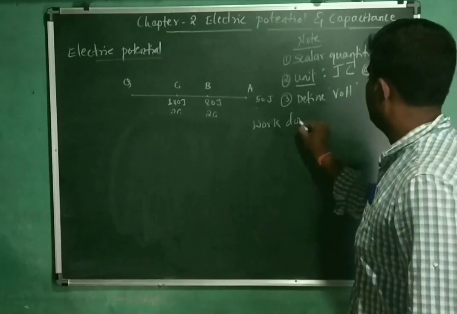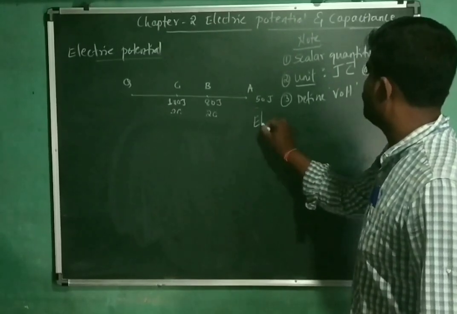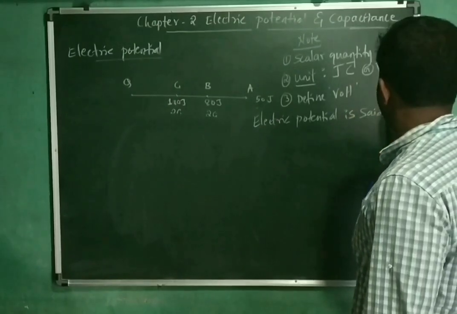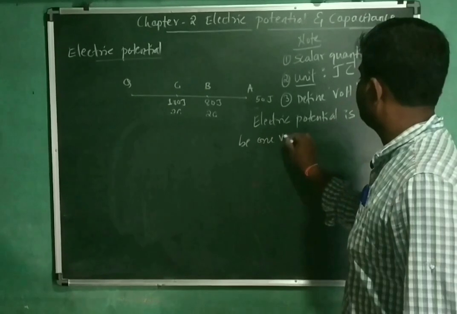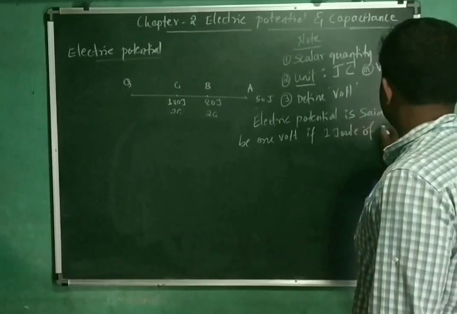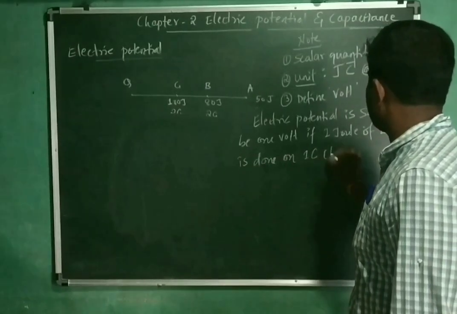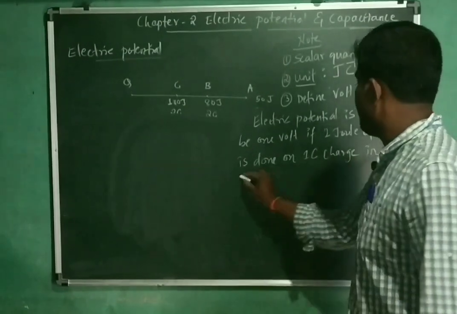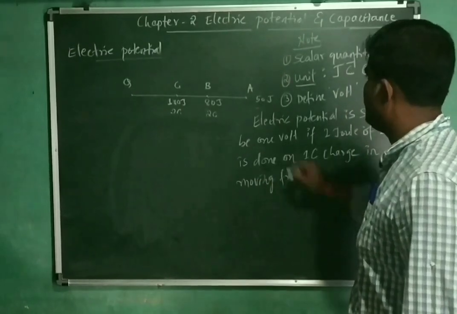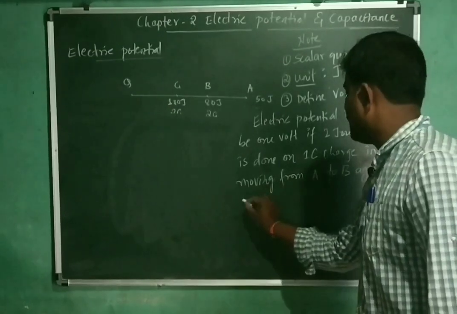Electric potential is said to be 1 volt if 1 joule of work is done on 1 coulomb charge in moving from A to B against the electric field.